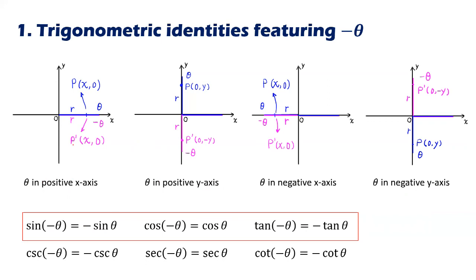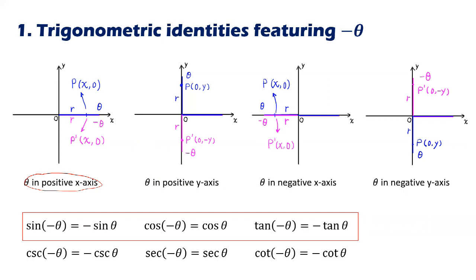For example, let's have a look at the first case. If theta is in the positive side of x-axis, the terminal side of minus theta must be the same with theta, right?